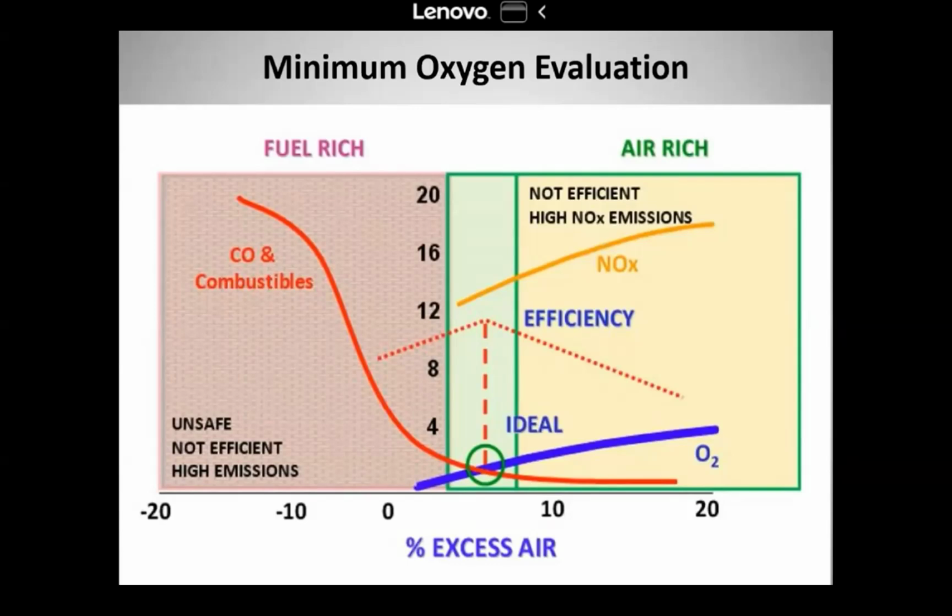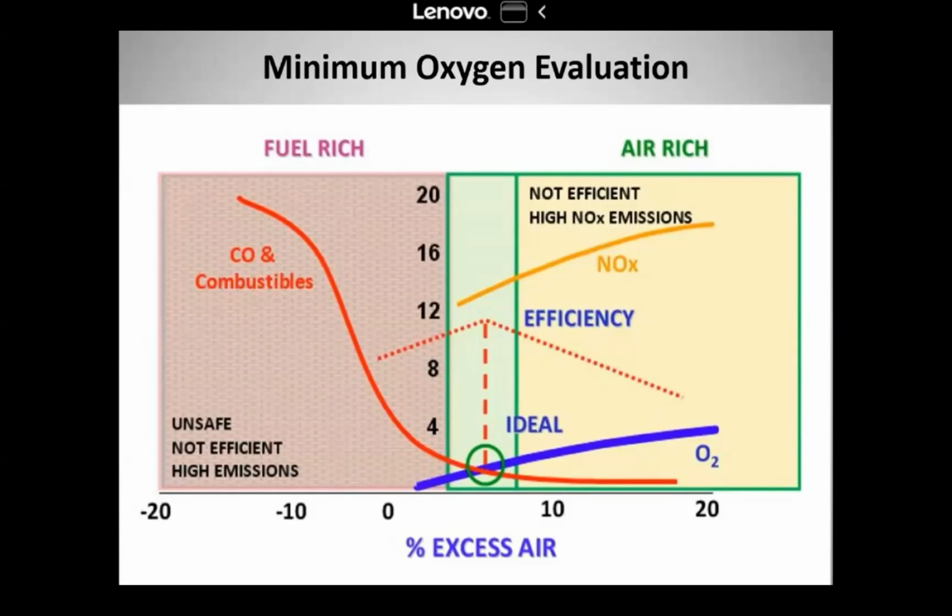They start burning to CO, which is not good. Then as I put in more and more air, the CO and combustibles go down, but NOx goes up and efficiency goes down, because I'm blowing so much air through there.